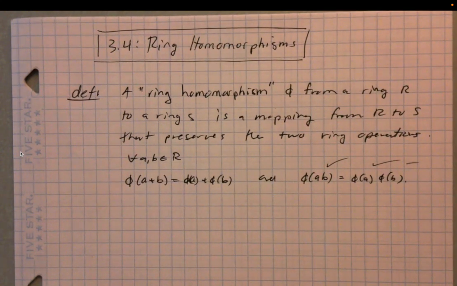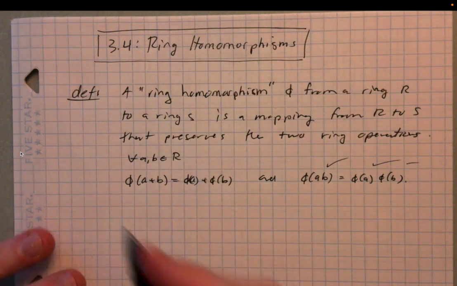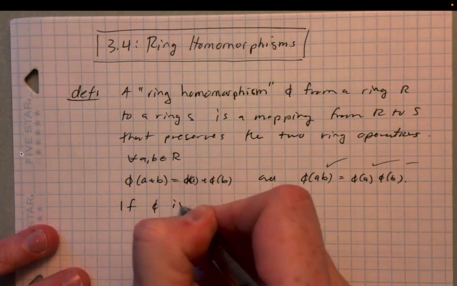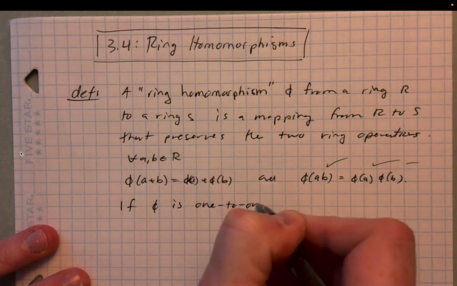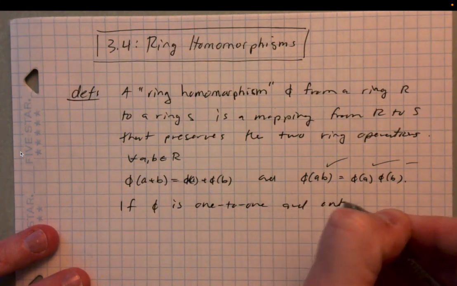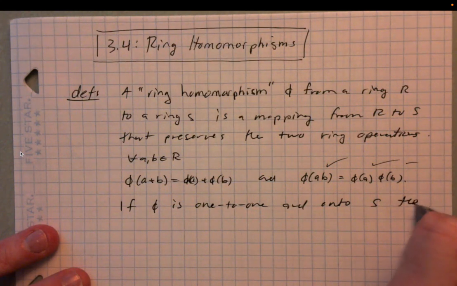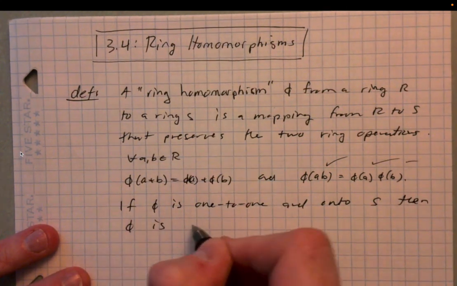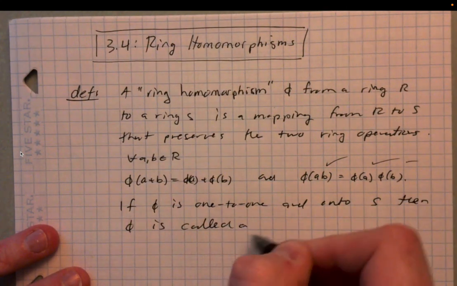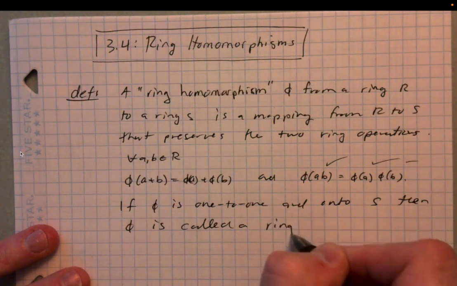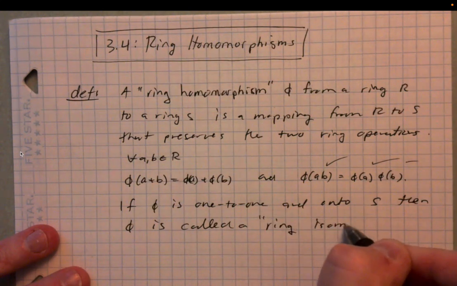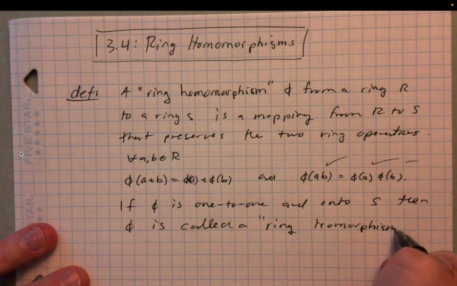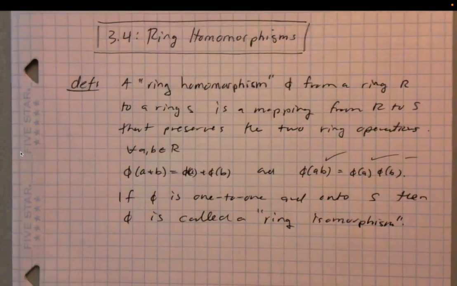And then just like before, if phi is 1-to-1 and onto S, then phi is called a ring isomorphism. So just like with groups, the same terminology applies here.